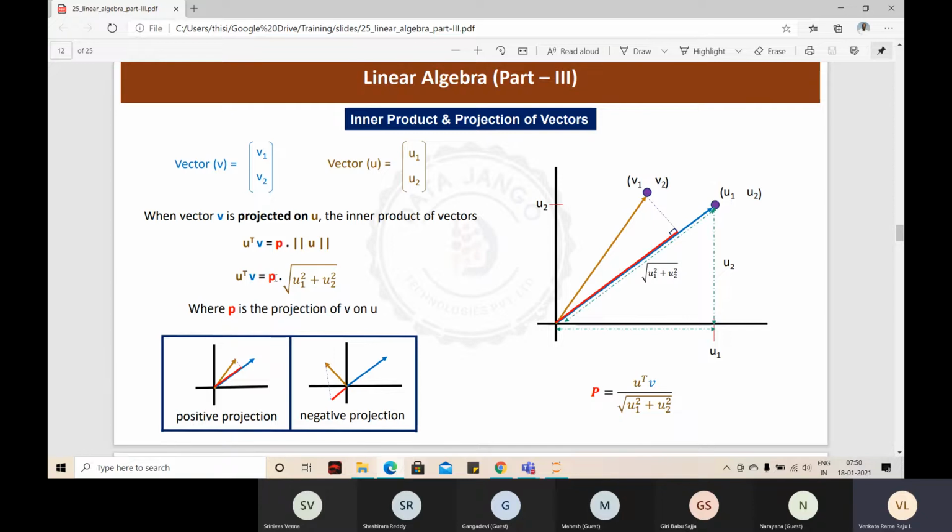U transpose V is equal to P into the length of the U vector. So P is equal to U transpose V by length of the U vector. Okay, the projection was used in the SVM algorithm, but we are understanding this for NLP purposes. We'll use a concept called cosine similarity. There again we'll use these projections and all.